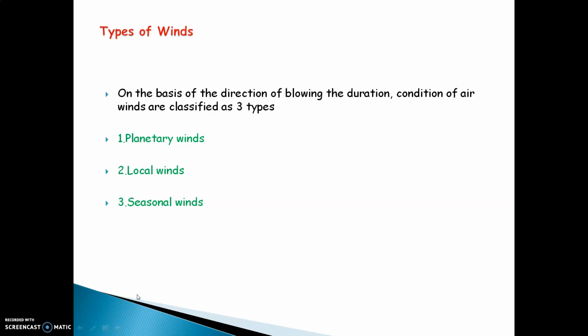These winds are classified based on the occurrence, the pressure they blow, the way they blow, and the condition of air. As I said, air is the most important factor for the occurrence of the wind. Based on the condition of the air and the duration, these three types of winds are classified: planetary winds, local winds and seasonal winds.